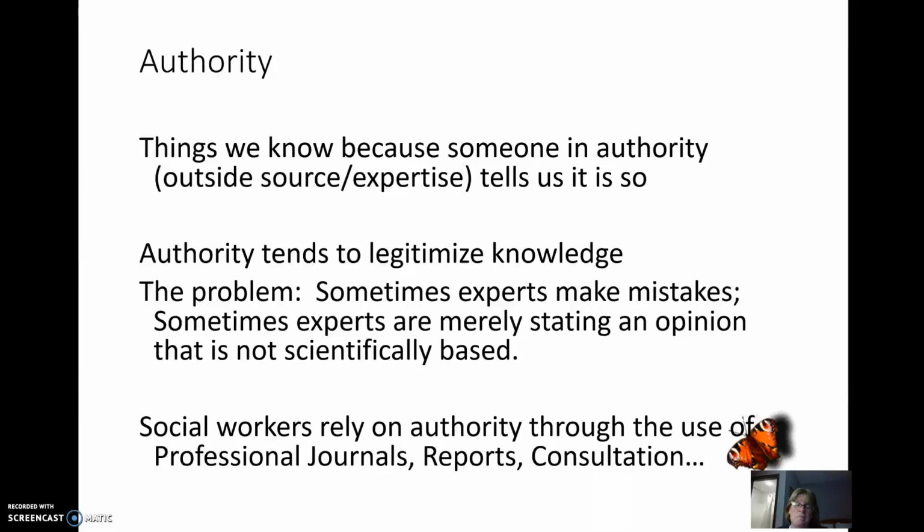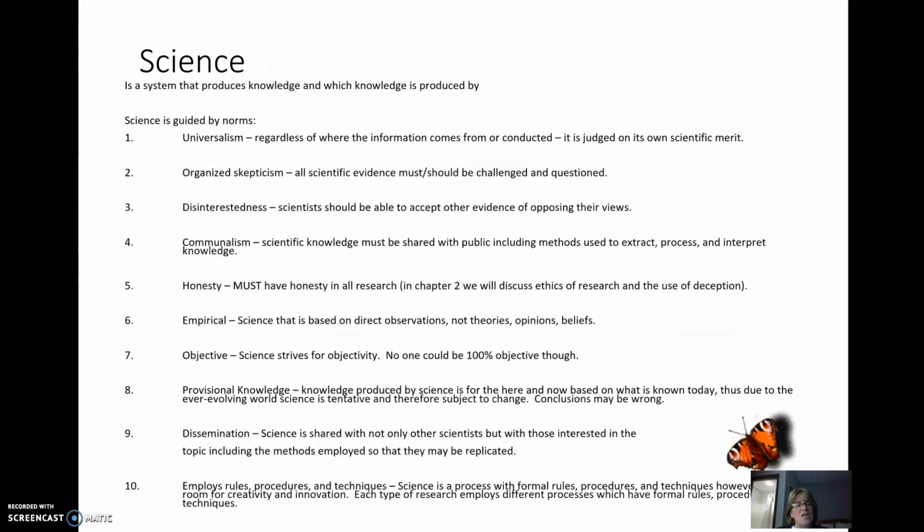Sometimes experts are just merely stating an opinion and it's not scientifically based evidence. So that's where you have to weigh that, and you have to use logic, you have to use common sense, you have to use your practice wisdom, and you have to use science.